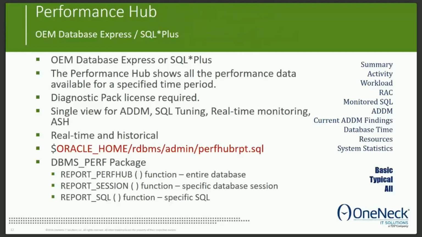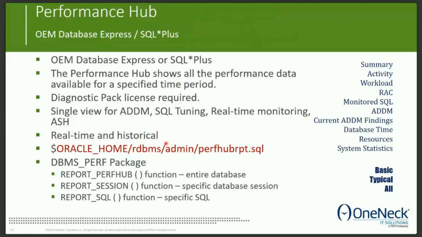It's an active report where you can click and drill down. It shows you a single view for ADDM, SQL tuning, real-time monitoring, and ASH. All of that information is there. It can provide you real-time or historical data, and the historical part is very, very beneficial.